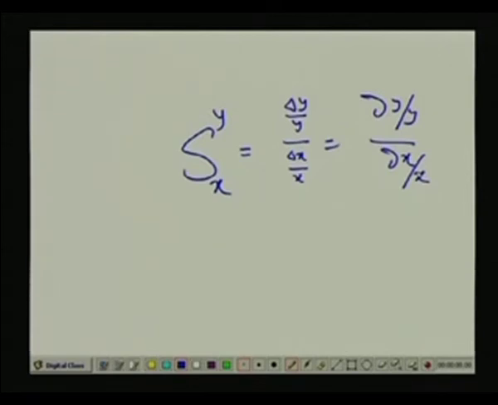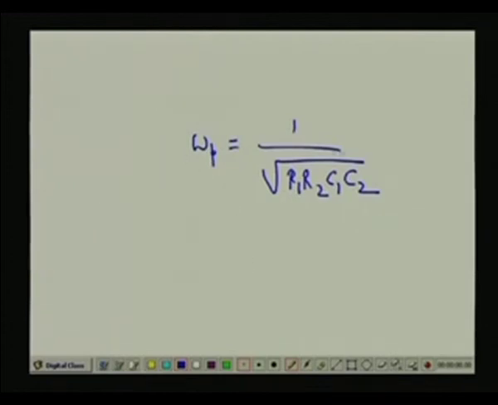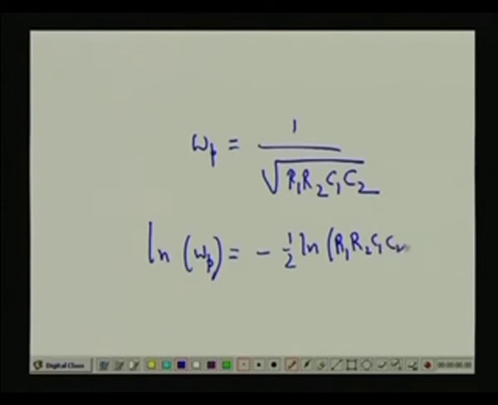The best way to find the sensitivities: suppose I have an expression like omega p equals 1 upon root over R1 R2 C1 C2. You take the logarithm of both sides. Natural log omega p equals minus half natural log of R1 R2 C1 C2.